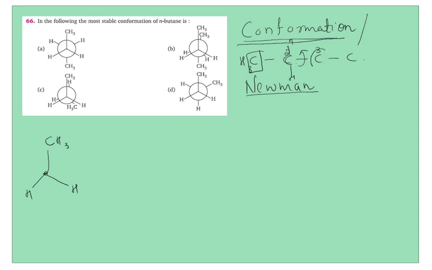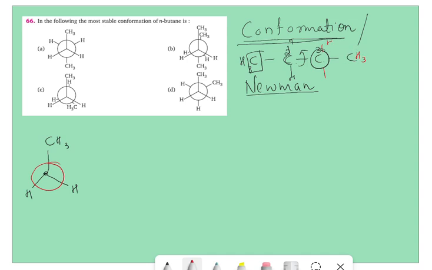Now the rear carbon or the far carbon, since it's exactly behind the second carbon and I can't see it, I'll take it as a ball or a circle. That is the far carbon, and that is also in turn attached to 3 hydrogens here, for the fourth carbon, right?